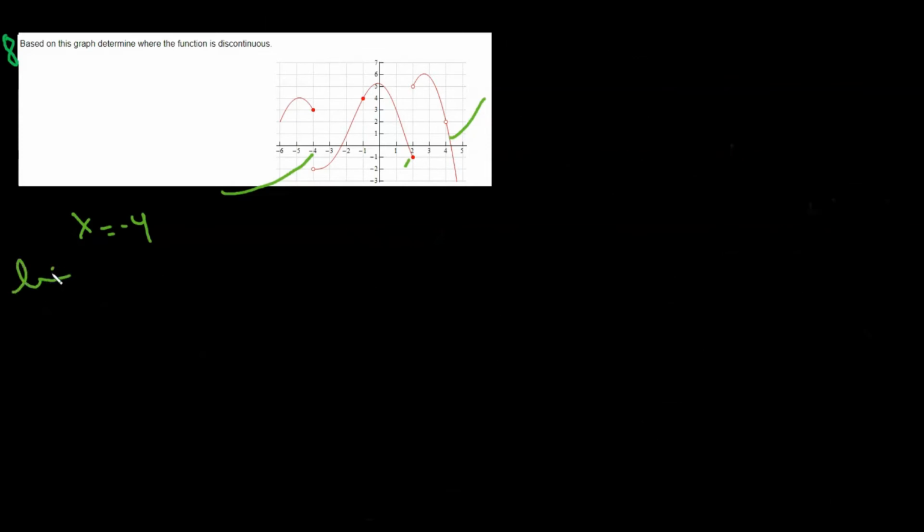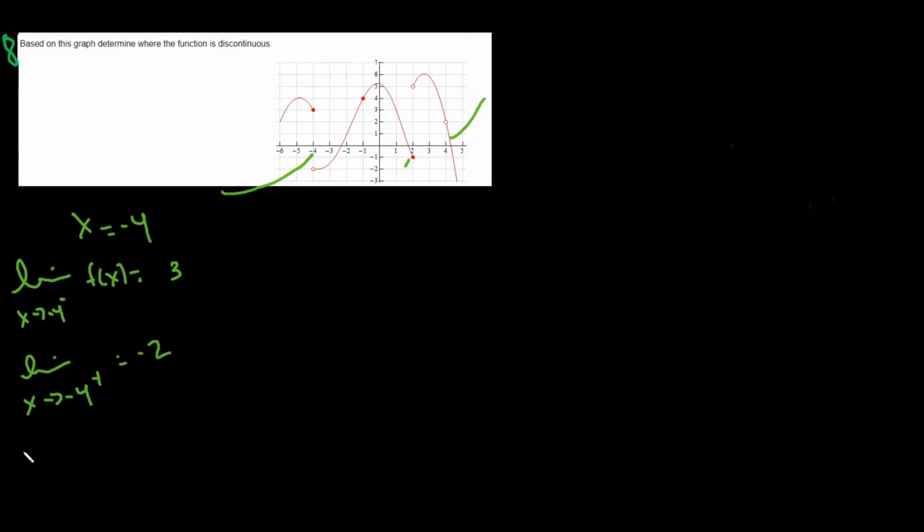So the limit as x approaches -4 from the left of f of x is equal to, if we approach from the left, we follow the trace of the graph, and we arrive at this filled-in circle here. We get a value of 3, and the limit as x approaches -4 from the right, we follow this trace, and it's approaching this white circle, -2.